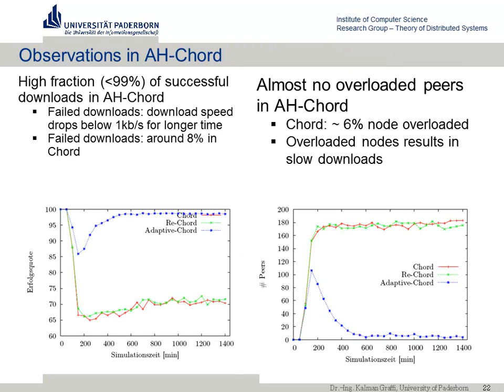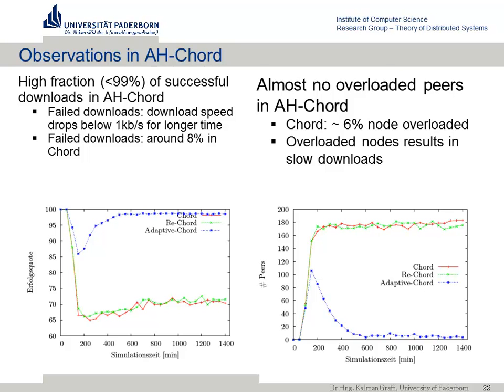What can be observed? These are some simulation results comparing Chord and Record and Adaptive Chord. We didn't have Record in the lecture, but it's very similar to Chord. The left figure presents the ratio of successful downloads.